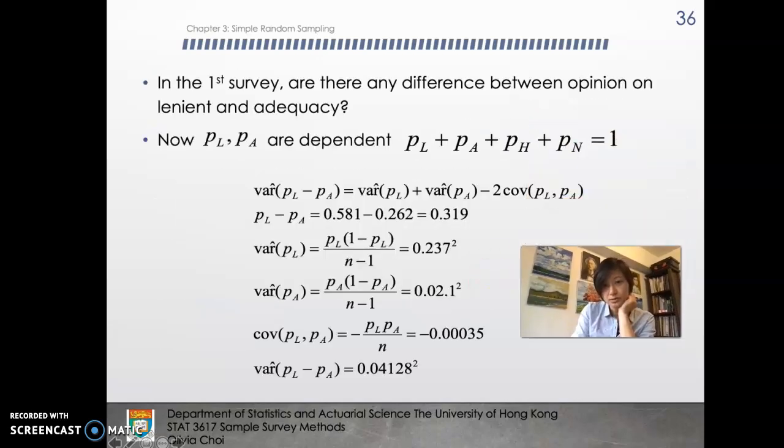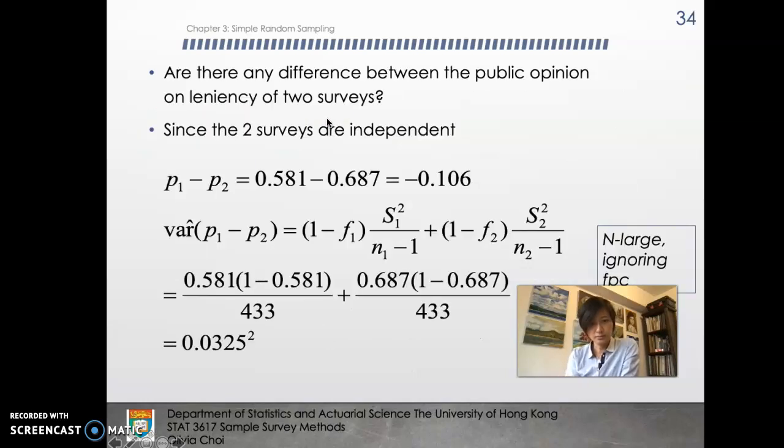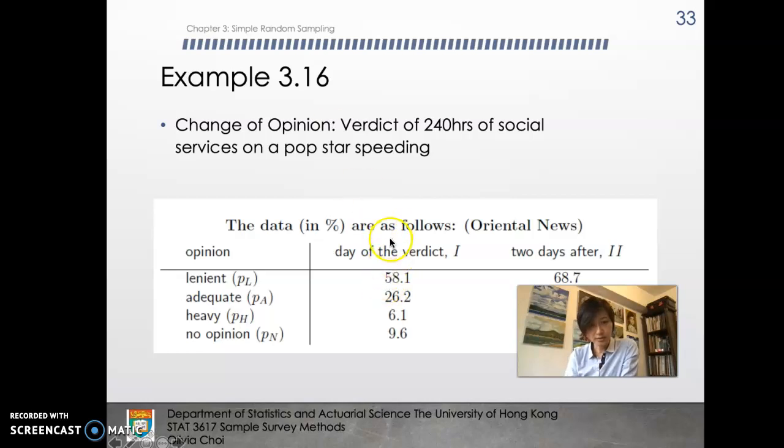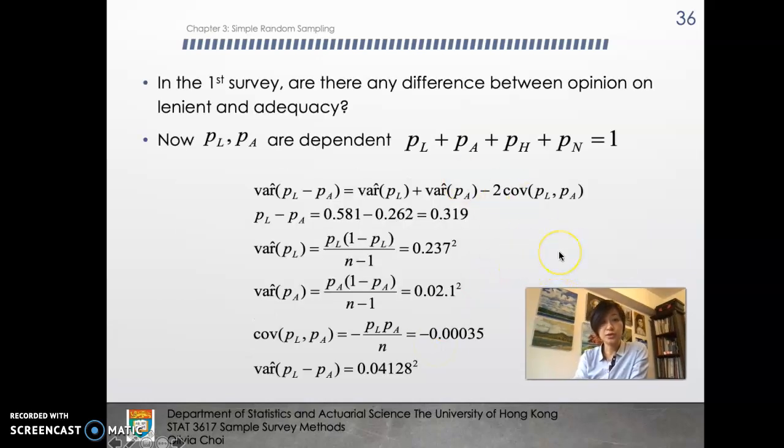Okay. Lastly, in the first survey, is there any difference between the opinion on leniency and the adequacy? So the second question asks, within this survey, is there a significant difference between 58.1 and 26.2? Okay, but be careful, when we're trying to compare these proportions within the same group of people, they are not two independent populations or two independent samples, right? Because the proportions depend on each other.